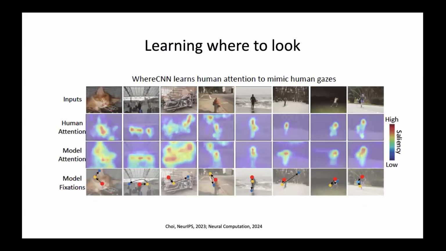And we also compare where the model looks versus where the human's eye movements go, compared to human salience and attention. And this seems to match very well. In the bottom row, it shows where the model looks in a sequence. We'll start from the red and go to yellow and then blue. So for each scene, there are a few possible eye movements.